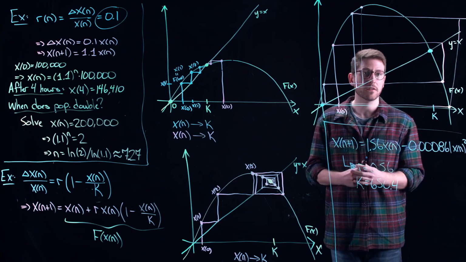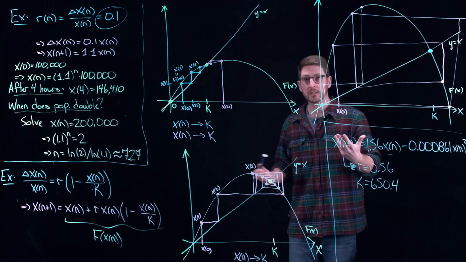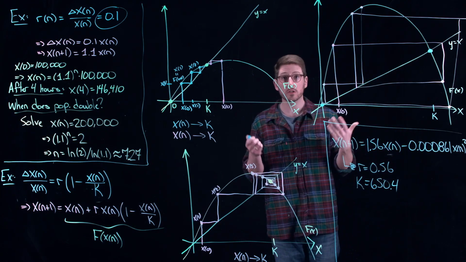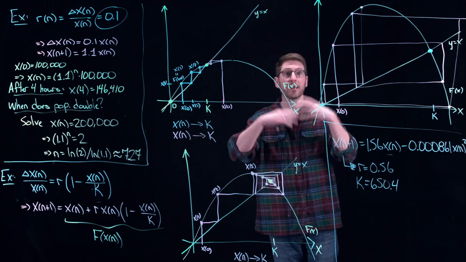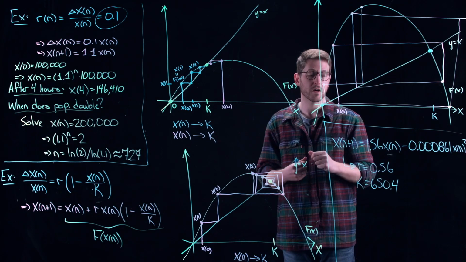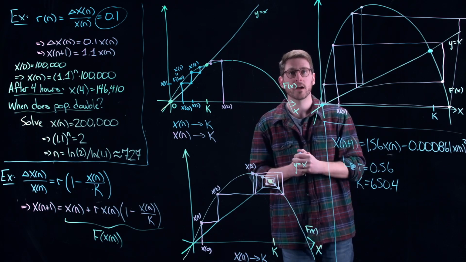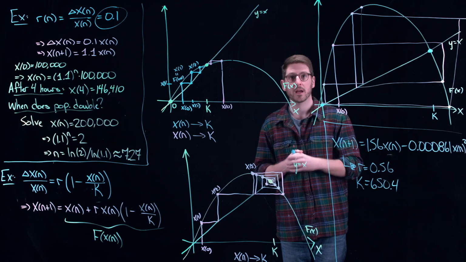And you can ask yourself, if you were T. Carlson actually observing this back in 1913, what would your yeast population do if it was governed by this model? Right? So I'm going to leave that for you. You can draw the cobweb diagram associated to these values of R and K. You tell me, right? Go ahead and let me know what you come up with. I'll see you in the next video.